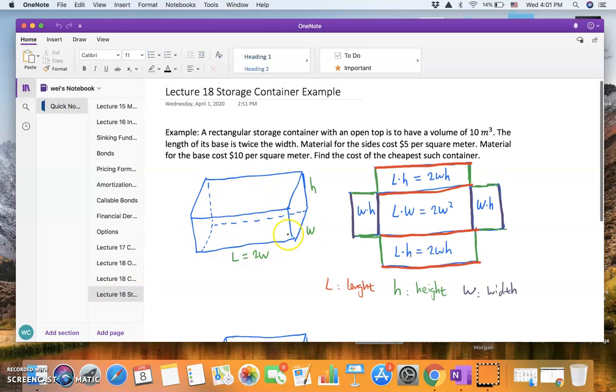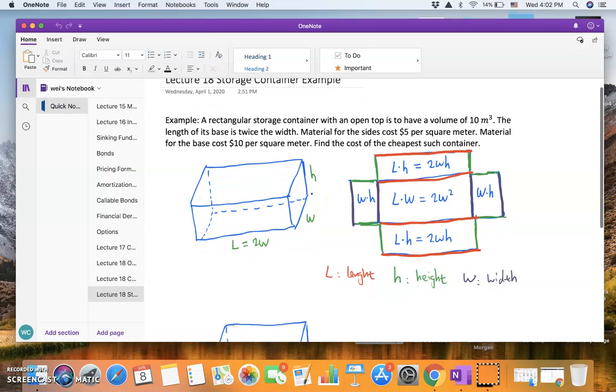I have a box, and this box doesn't have a top because it's an open top. What else we know is the length of the base is twice the width. So if I use W to stand for the width, then the length L is equal to 2W, and the height I use H to identify.